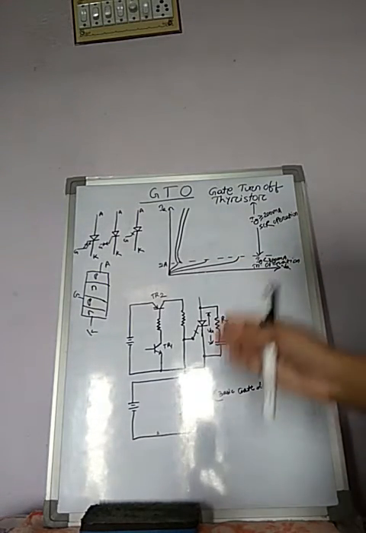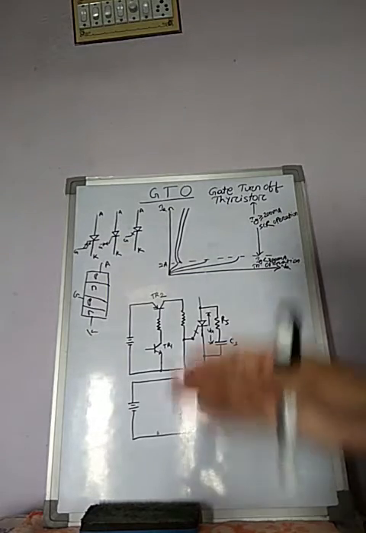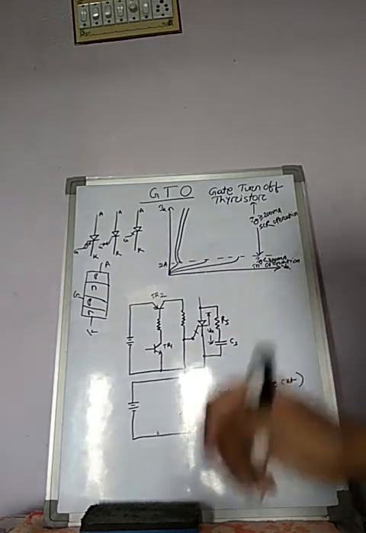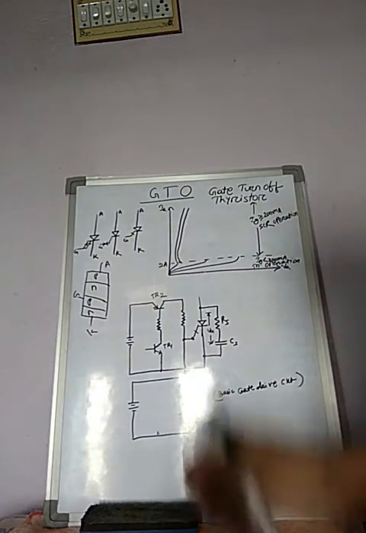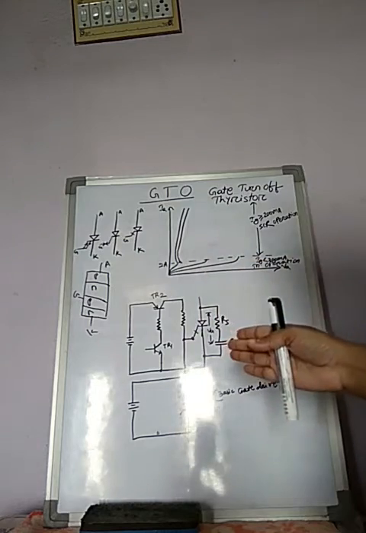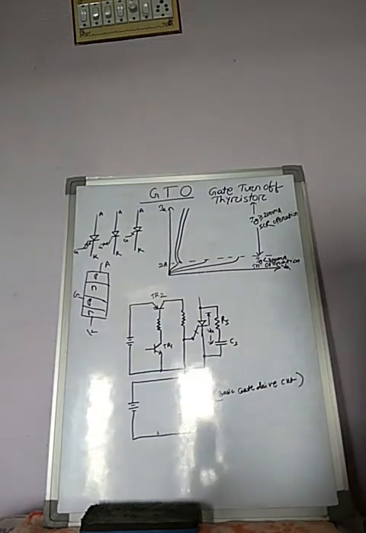That's why in modern technology GTOs are used in several types of commercial inverters. In this case, when we use a GTO in place of a thyristor, there is no forced commutation circuitry.